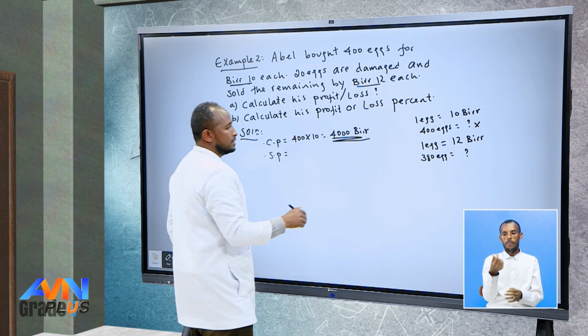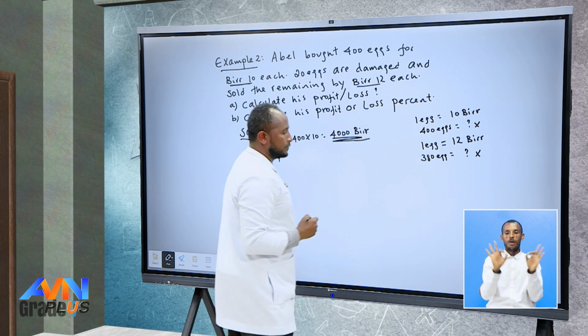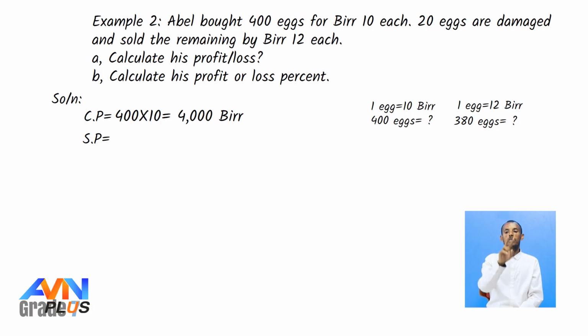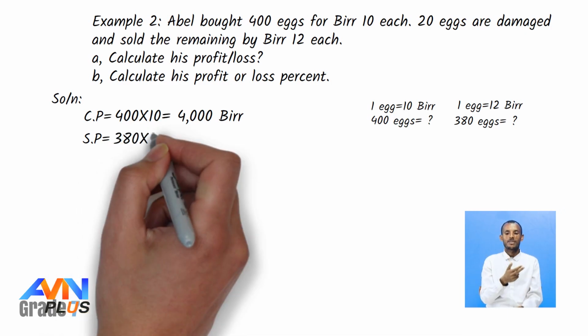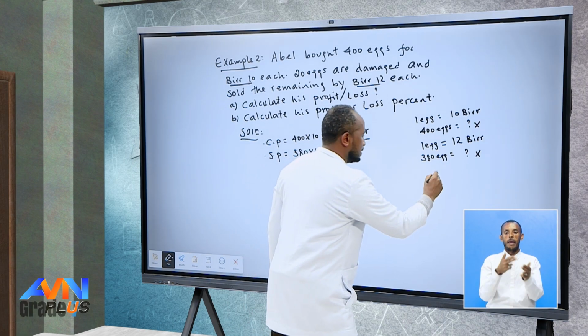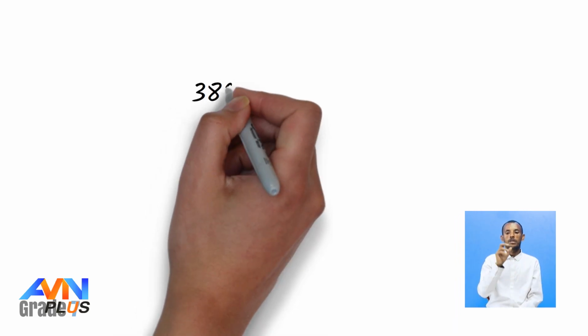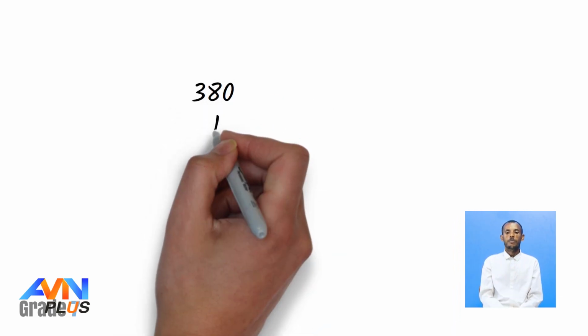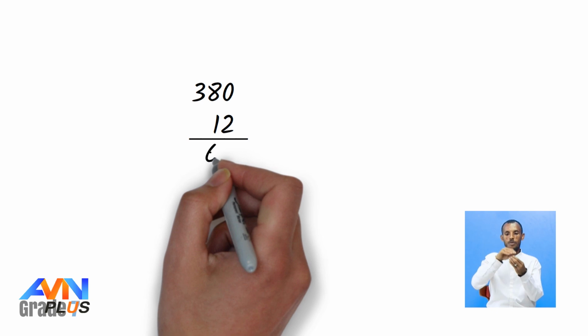You take the product of the two, 380 times 12. Okay, let's multiply it here. 2 times 8 is 16. 2 times 3 is 6 plus 1, 7.